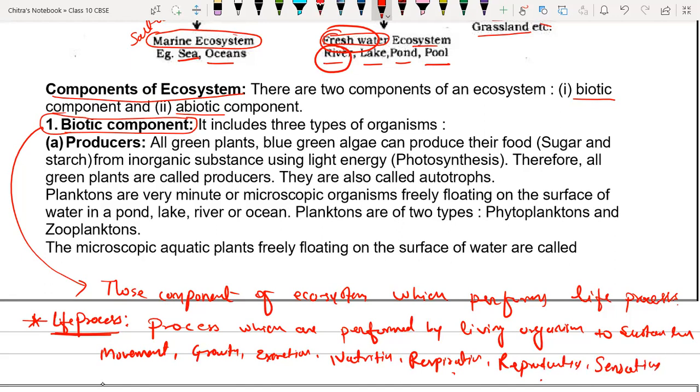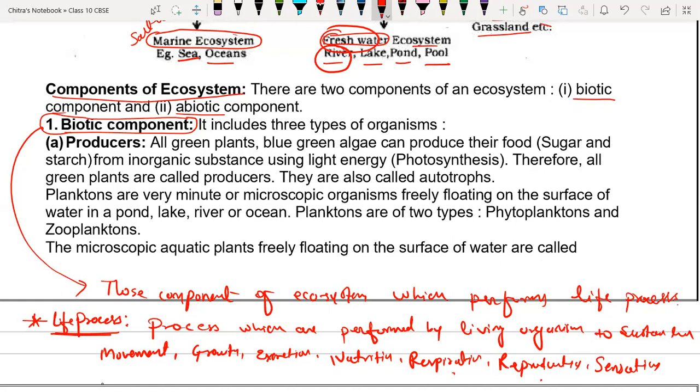So these are the 7 life processes performed by living organisms. We have circulation also. So these are the biotic components. What are biotic components? Those components of ecosystem that perform life processes like movement, growth, excretion, nutrition, reproduction, respiration, and sensation.